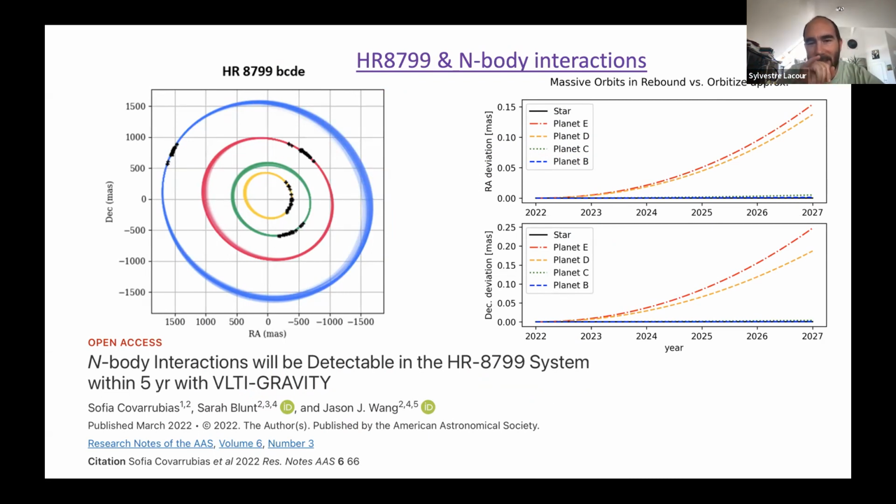But here it's different. It's assuming that the outer exoplanets are perturbed by the central exoplanets. So it's a higher order, and we expect in a few years to be able to detect that signal.